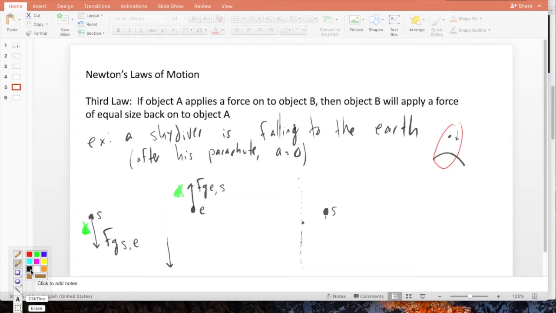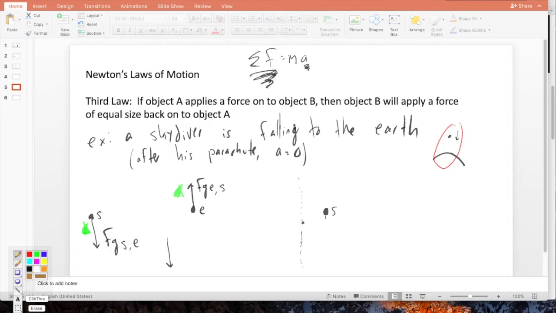So I have a downward net force. Remember, Newton says that if you have a net force, what is that going to result in? An acceleration. If you have a number over here, you're going to have a number over here. In the examples we saw before, the acceleration was 0, so the net force was 0. All the forces were balanced. This is unbalanced. This skydiver is experiencing a change in motion.